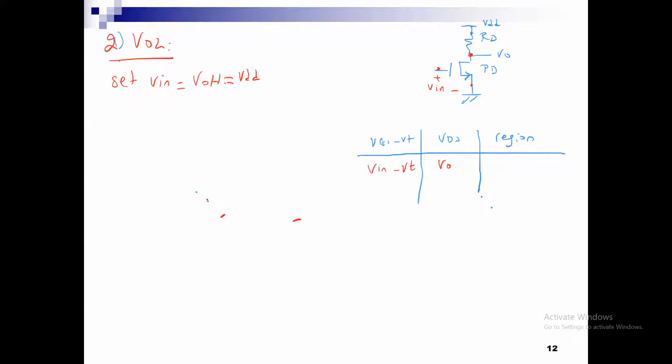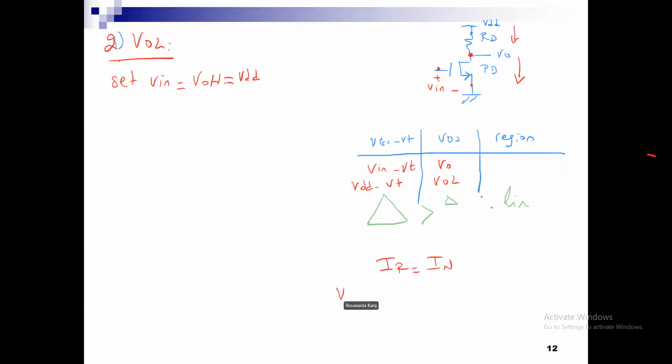So now I will have VGS minus VT for this inverter equal to VDD minus VT, and my VDS is equal to VOL. This quantity is small and this quantity is large, by virtue of VDD minus VT being greater than VOL, and therefore the region in which I'm operating is linear. With this linear region, I can solve the equation that says IR equals IN, because the current flowing down through the resistor is the same as the current that will flow in the device.